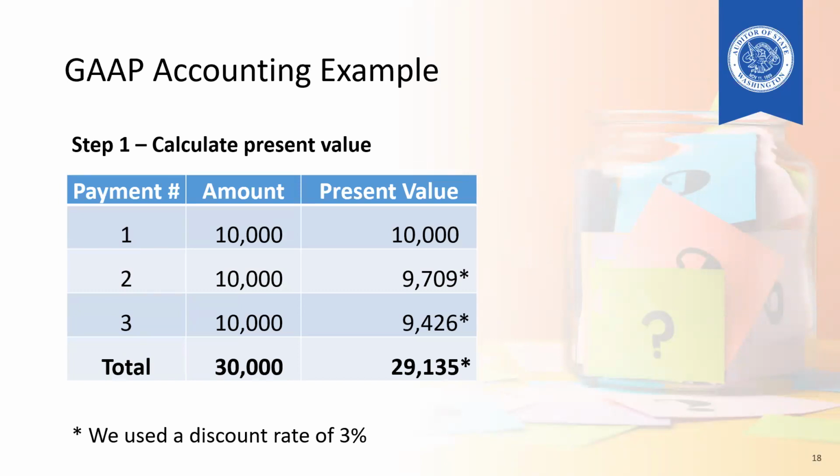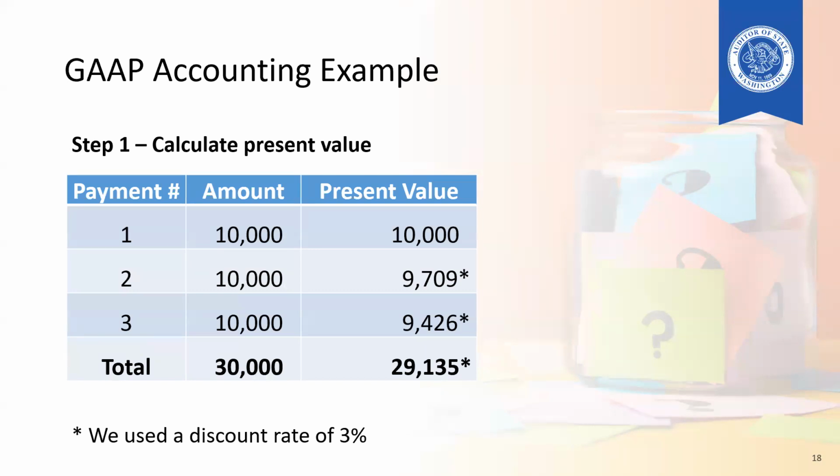Now that we know only the $10,000 is included, we can calculate the present value. We take our 3 payments and discount them back to the start of the subscription term. Notice that for the first payment, the present value is the full $10,000 because the first payment is made on July 1st, 2023, which is the start of the contract, so no time has passed.